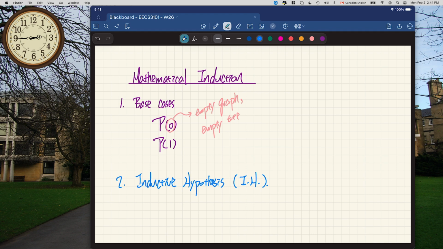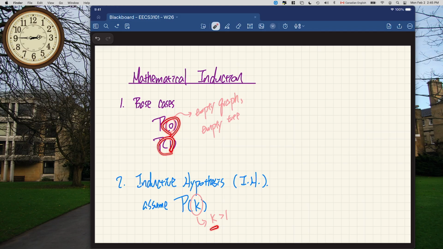Basically we assume the property that we want to prove actually holds on a certain input size k. And the k here is larger than the base cases. For example, k will be larger than 1, since we already cover 0 and 1. So we just cover 2 and onwards, basically.